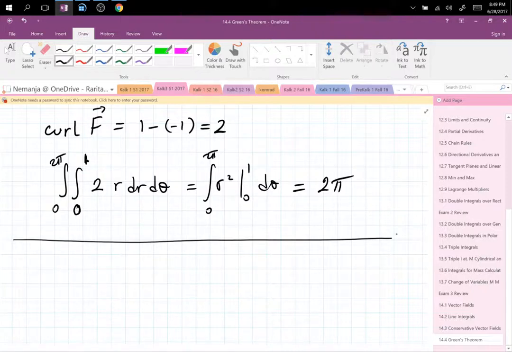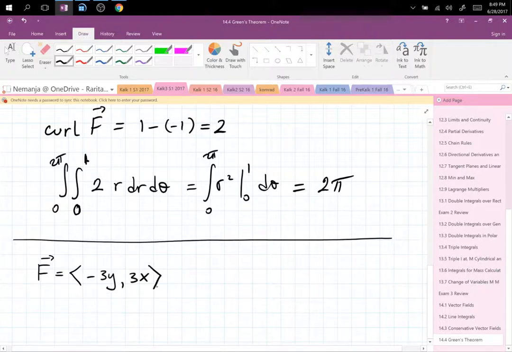So I would like to give one problem for you to practice your plug-in skills. So here's a beautiful problem. Vector field is given as negative 3y, comma 3x. That's your vector field.